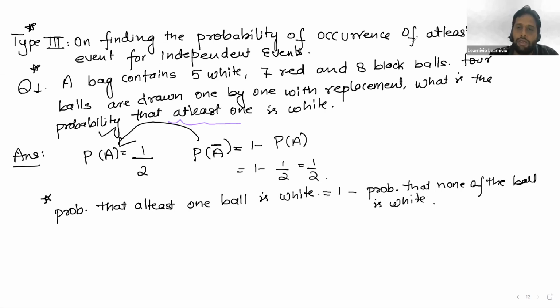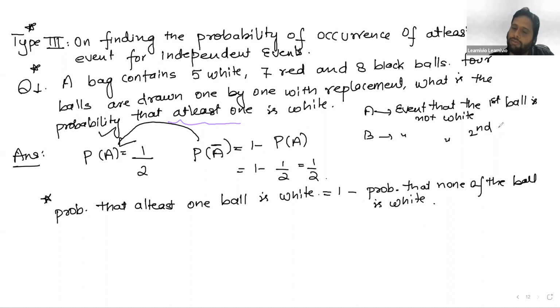Now, a bag contains this. Four balls are drawn one by one with replacement. With replacement means this is a case of independent events. What's the probability that at least one is white? So we will find 1 minus the probability that none of the balls is white. We take event A: the first ball is not white. Event B: the second ball is not white.